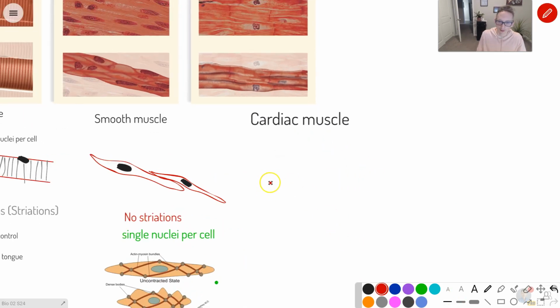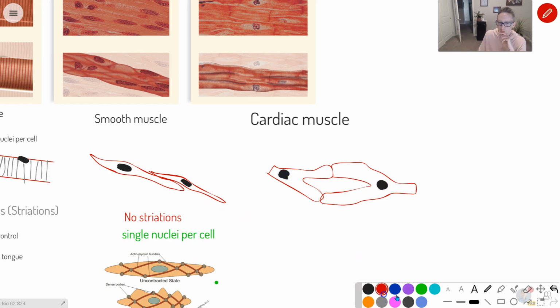and they're shorter, like smooth muscle cells, but they can branch like so. So that's one special little ability of them, is that they can have these branched-like structures, or branched-like anatomy, like so. And they will also only have a single nucleus, like so.